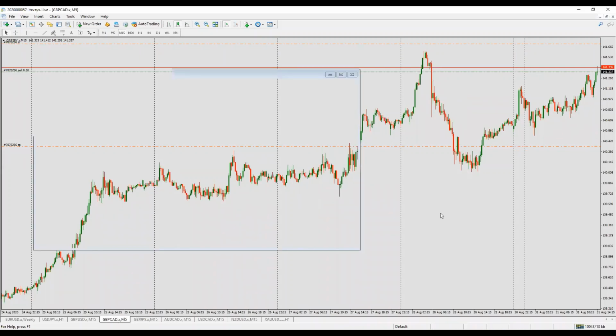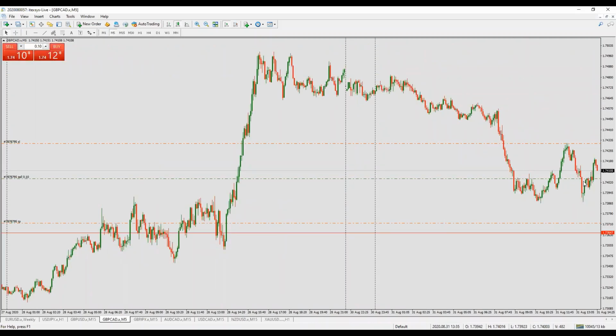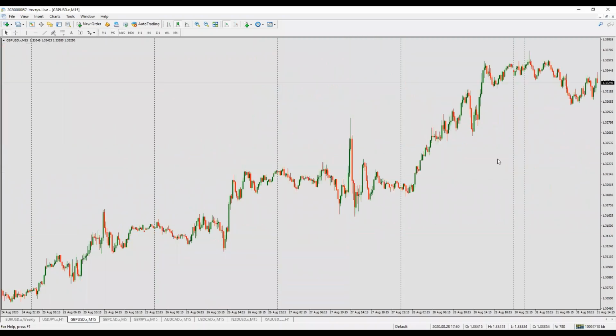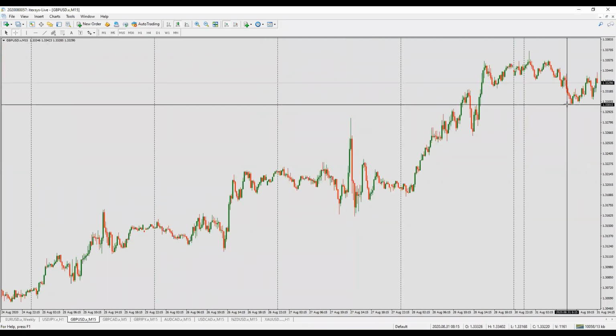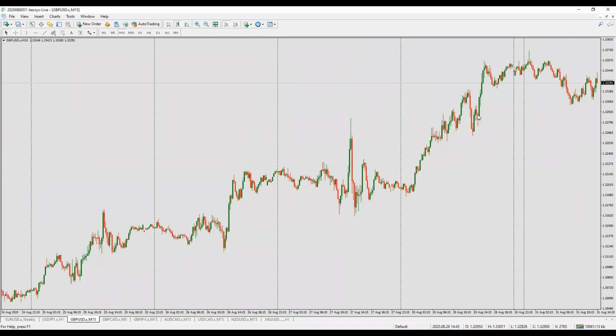And GBP and the Canadian, it's almost the same situation. And as you can see here, okay. Well, thank you, Daniel. All right, so the GBP USD, and you can see here that the price created a small demand here.